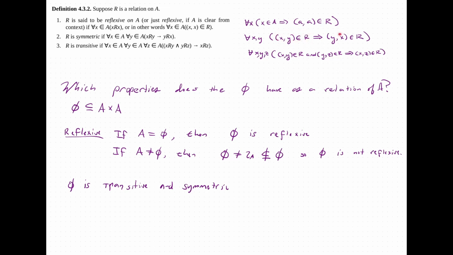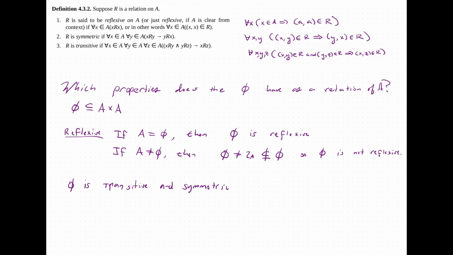And so we have that the empty set is symmetric. And similarly, for transitive, we also have a conditional as part of our definition. And because R is empty, the premise here is false. And consequently, the conditional is true, making the empty set both transitive and symmetric.